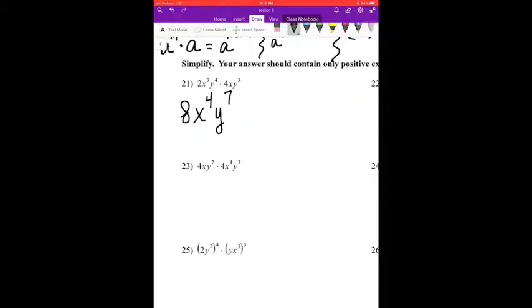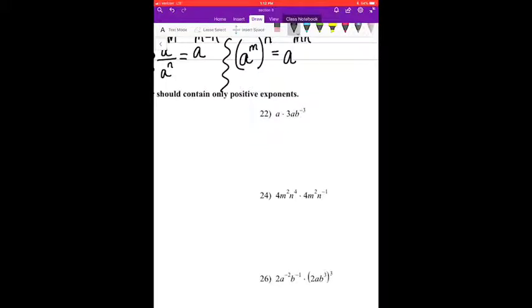Let's look at 22. All right, what do I do when I have that negative exponent? I gotta bring it down to the denominator, right? If it's in the numerator, to get rid of the negative exponent, I would drop it in the denominator. But I can take care of that along the way. I have a coefficient. In the first term, my coefficient's 1, right?